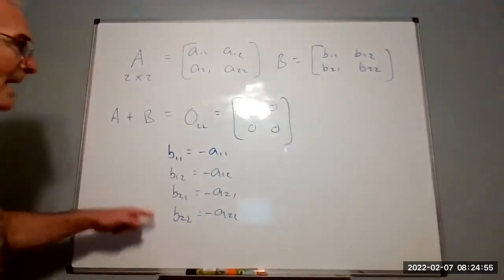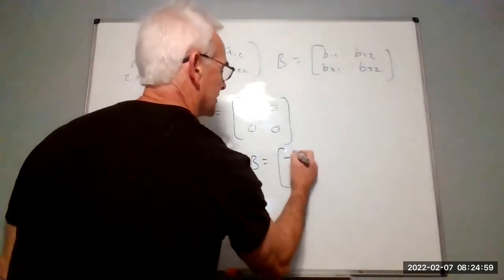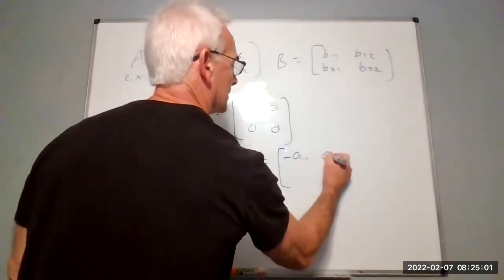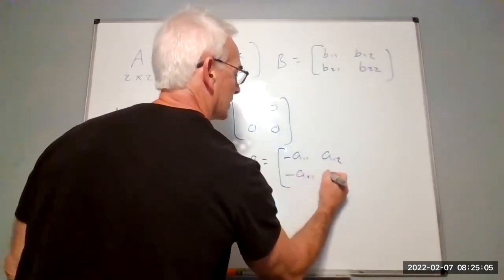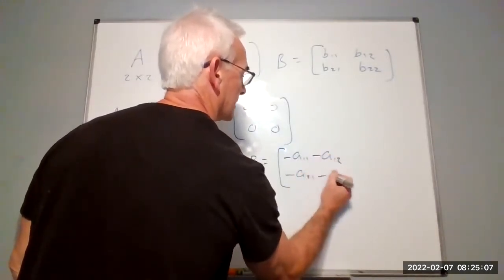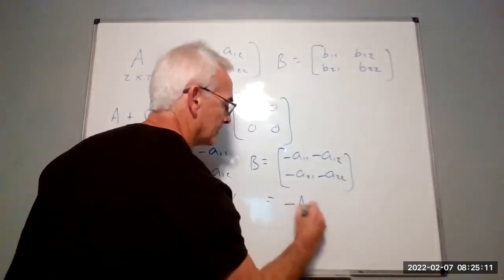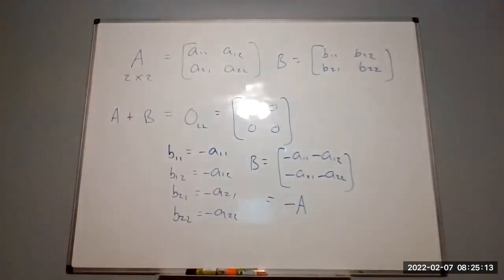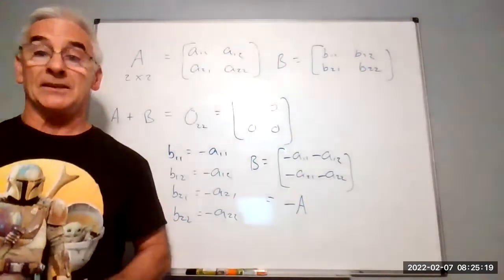It could only happen if matrix B was the negative of each of these, and negative A22, and we just write that as negative A. So is there a matrix that acts as an additive inverse? Yes, there is.